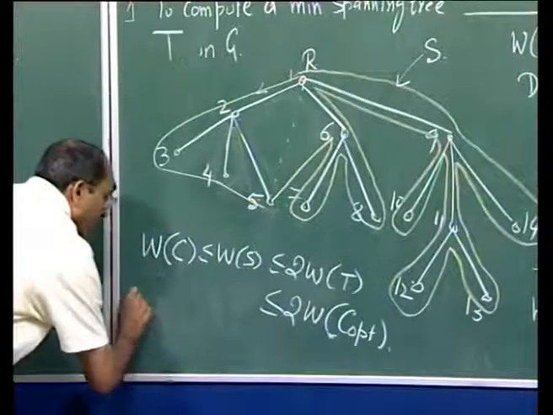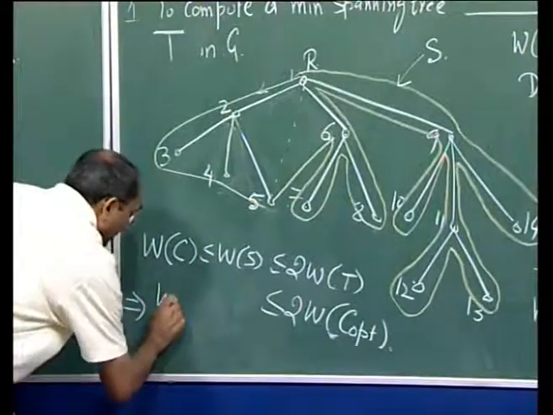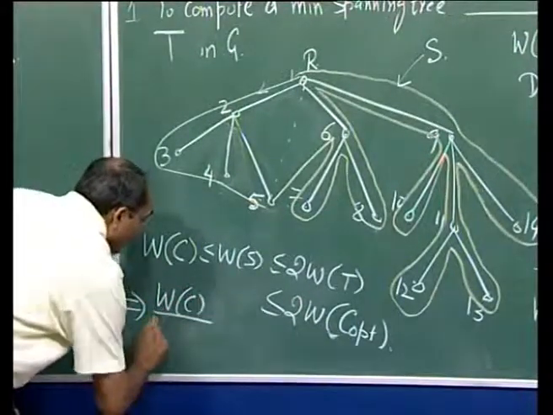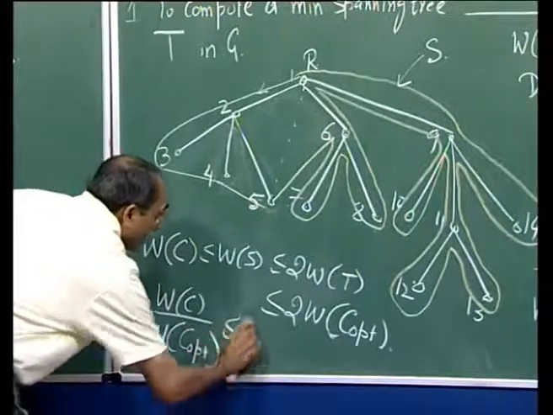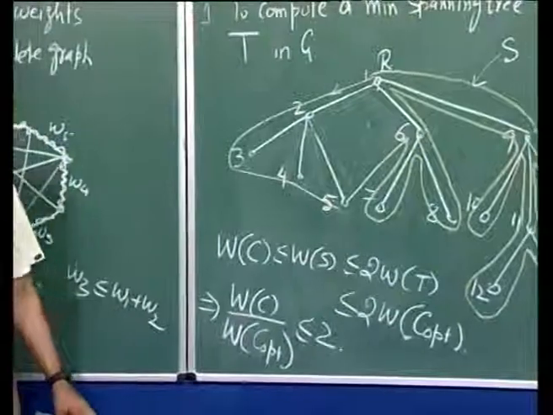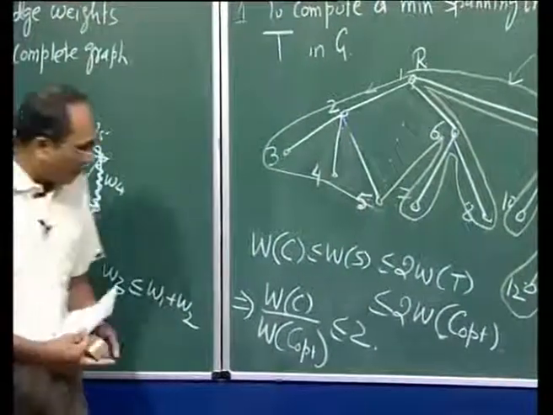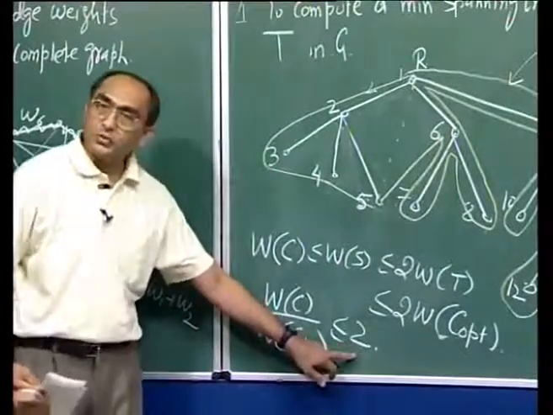Hence, WC divided by WC opt is less than equal to 2. Once again, we have a performance ratio of 2.